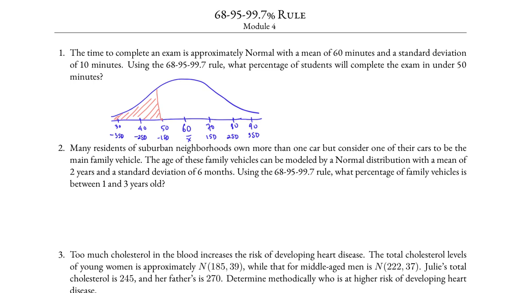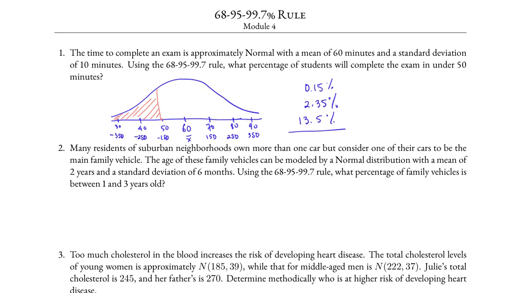The first one, on the left hand side of negative 3 standard deviations, is 0.15%. Between negative 3 and negative 2, it was 2.35%. Between minus 1 and minus 2, it was 13.5%.